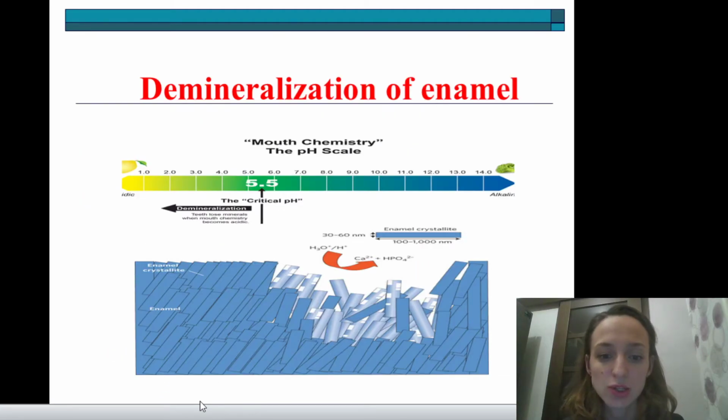Here you can see the pH of the oral cavity, and if this pH is lower than 5.5, we will have a process of demineralization of enamel.